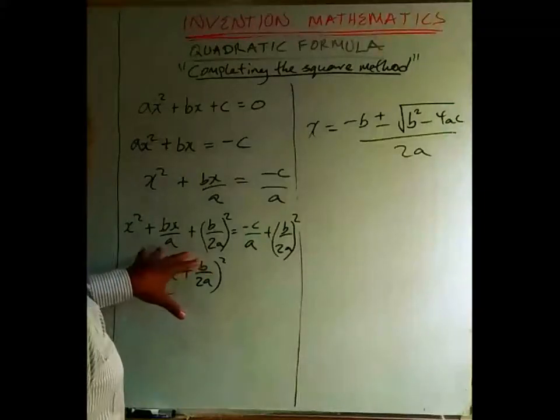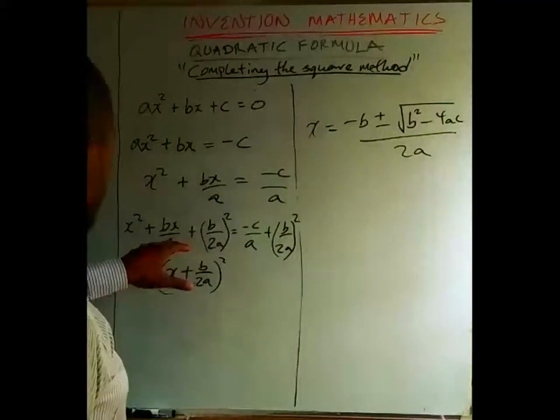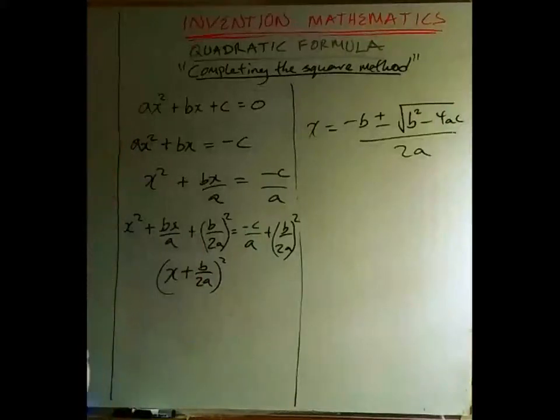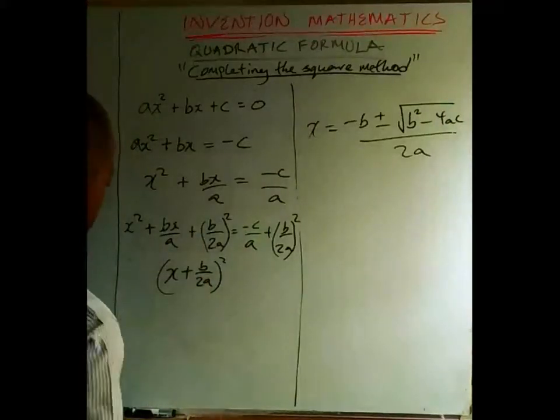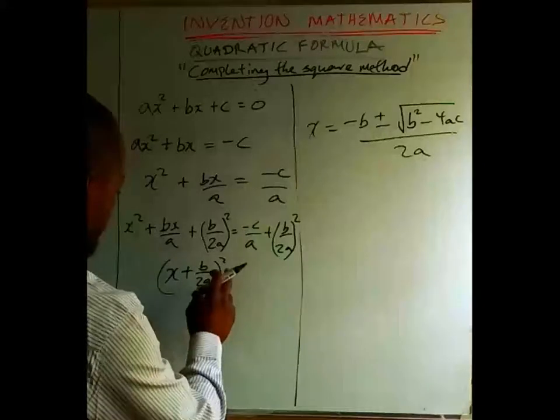So that's the purpose of adding the square of half the coefficient of the middle term. Look at this: x plus b over 2a, squared.